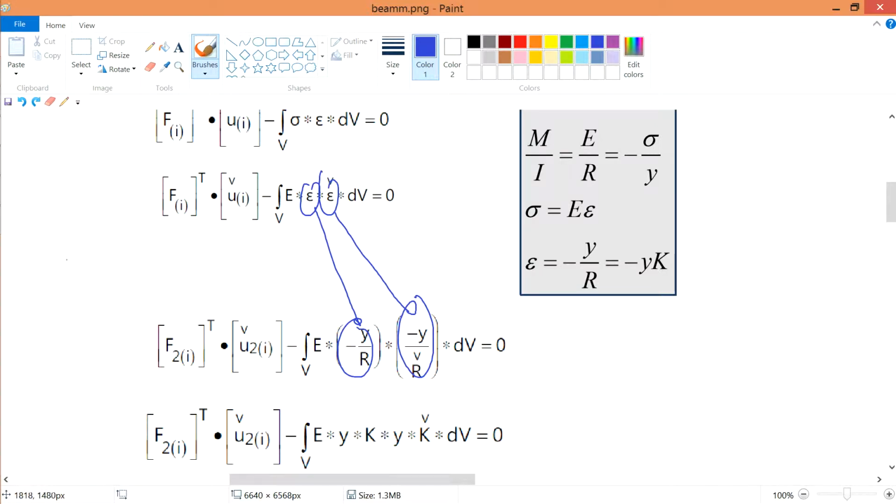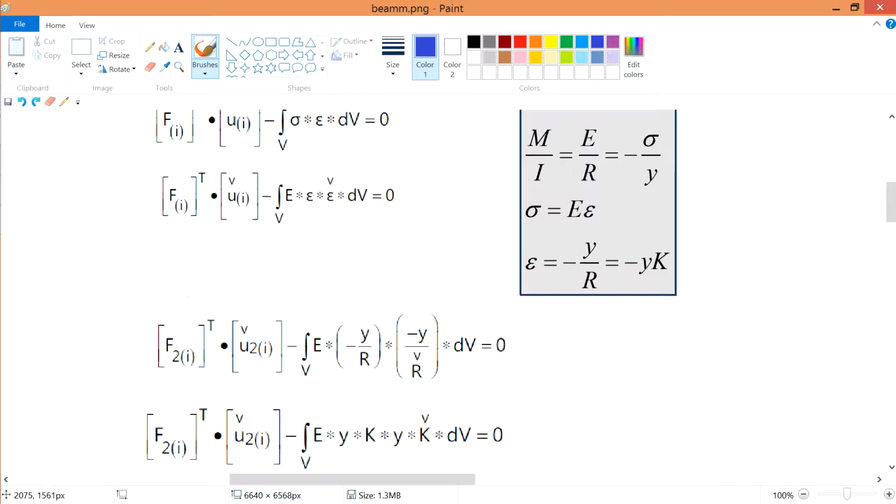Because if you have a beam over here, the force is acting on node 2. This is node 1. So it's force at node 2, and there will be a virtual displacement at node 2 also.